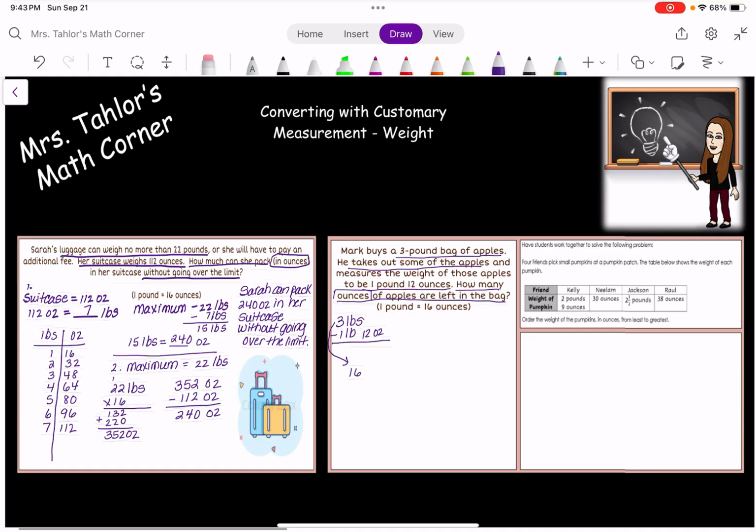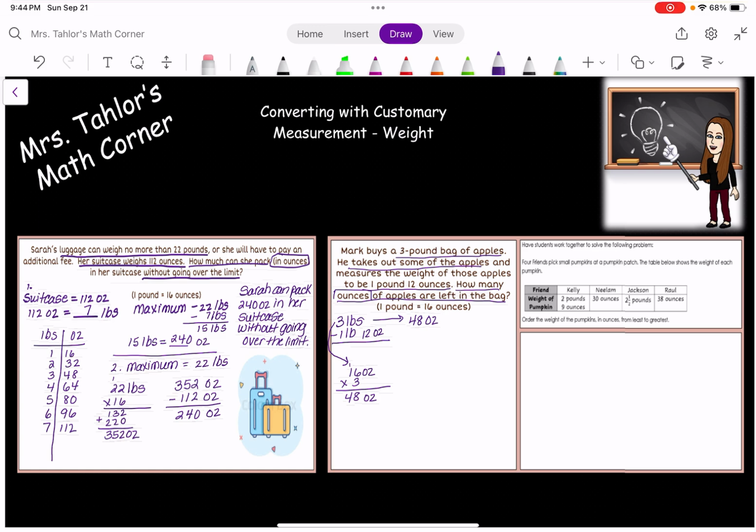So I can take 16 ounces and multiply them by the 3 pounds. 6 times 3 is 18. 3 times 1 is 3 plus 1 is 4. So that's 48 ounces. So I know that 3 pounds is 48 ounces.